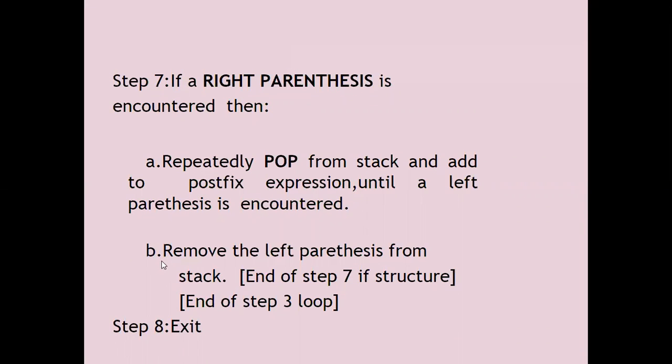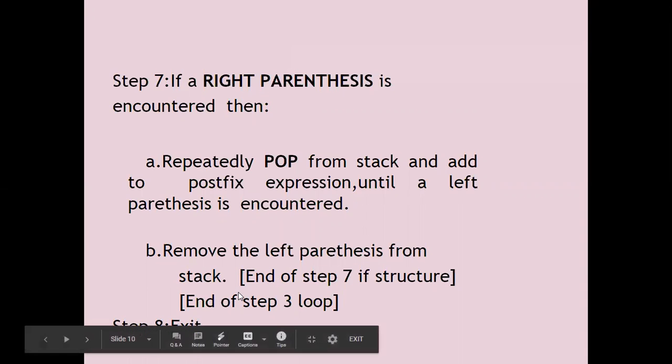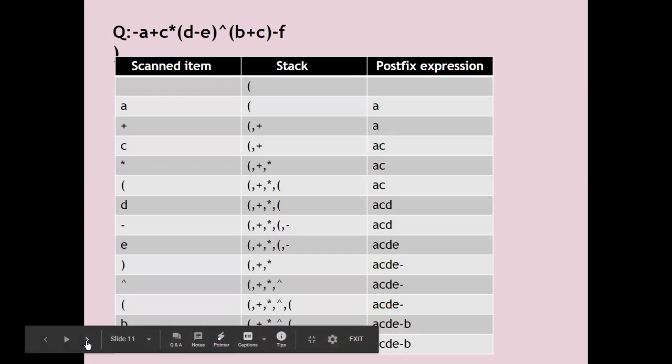And in part B, remove the left parenthesis from the stack. That is the end of the step 7 if structure and the end of the loop. Then we exit the algorithm. So we have seen the steps we follow for conversion of infix to postfix. Now we focus on the example so you can easily understand it.